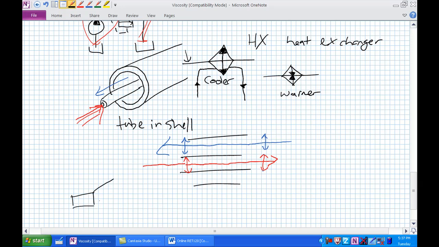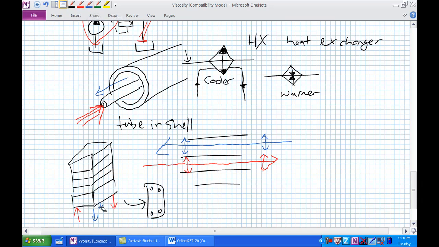Basically, a baffle heat exchanger has hot fluid coming in through the bottom of this corner, cool fluid coming out the other corner, and because imagine the bottom here, flipping it over. Oops, I should redraw this guy. That's my cooling fluid going in.